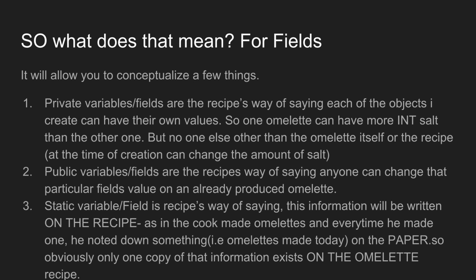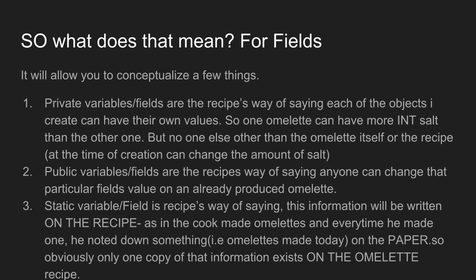Now this is the interesting bit, the static variable. This creates a lot of confusion when people are trying to conceptualize stuff, and that's where they get confused and start thinking of classes as kind of objects. Now, this is my way of explaining this. Imagine the static variables and fields are the information that you write on the recipe, not the omelet.